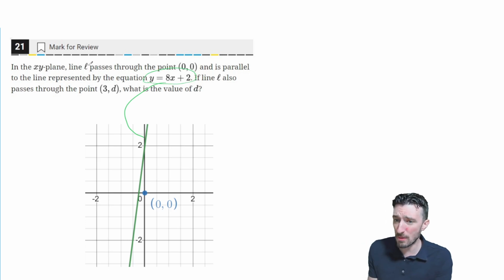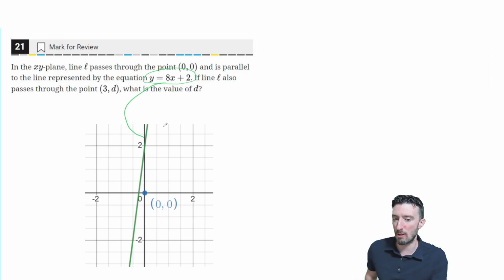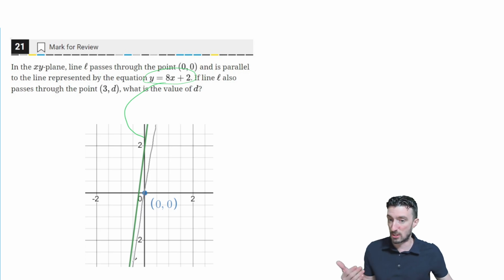But there's some other line that is not graphed right now. It's got to be parallel to the green one, and it also has to go through the point (0, 0). Okay, there we go. It is going to look something like that.